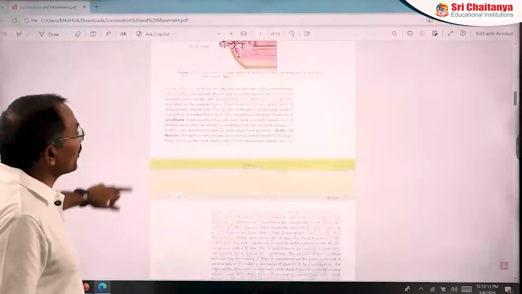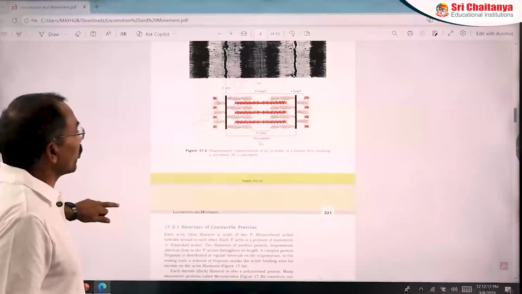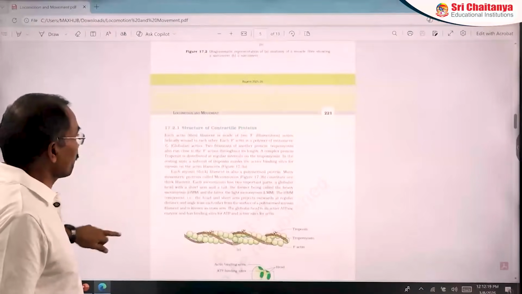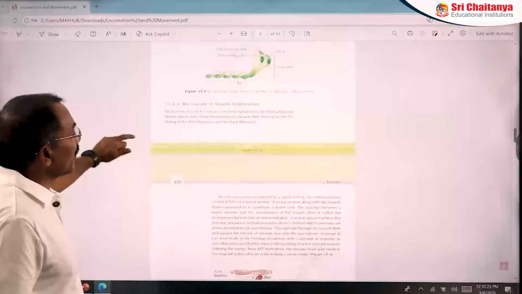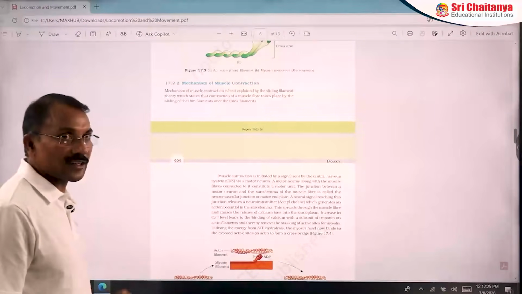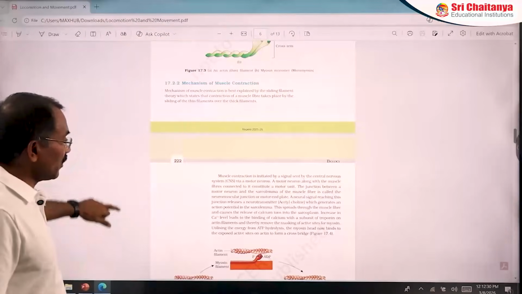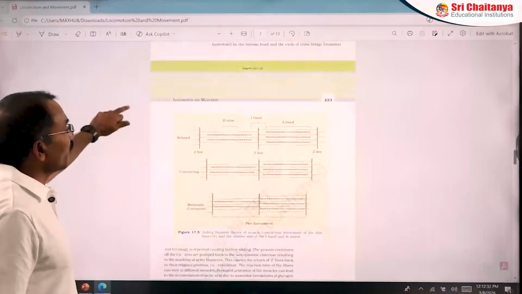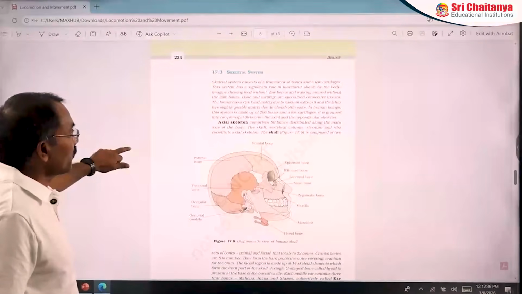This chapter is related to skeletal muscle because skeletal muscles play an important role in locomotion. What about the structure of muscle, muscle fiber, myofibril, myofilaments, etc. Followed by contraction of muscle, mechanism of muscle contraction, followed by muscle relaxation.